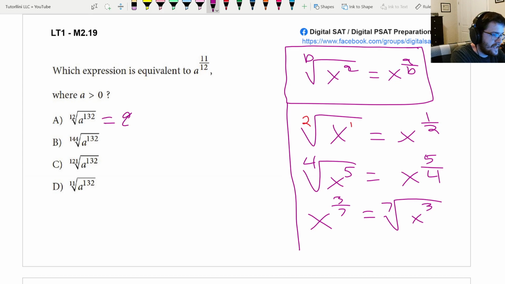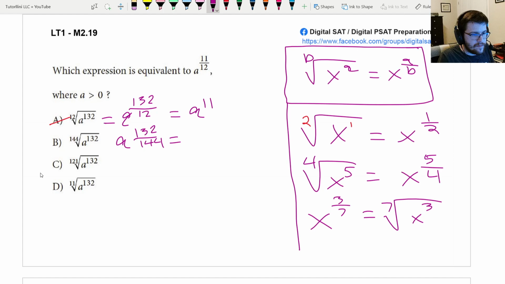So this one is a to the 132 over 12. And I would just use a calculator to simplify these things. So this would be a to the 11. So that's not right. And let's see. This one is a to the 132 over 144.